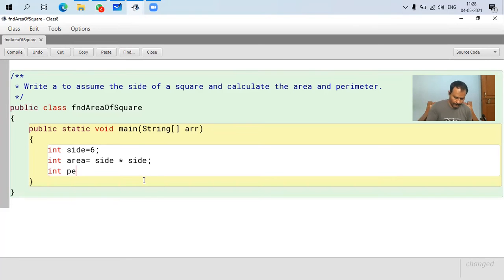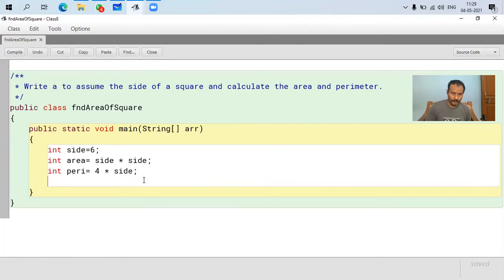Another one, I'm not writing the full form, perimeter. Instead of that, what is the formula? 2 into, sorry, if it is a square, it is 4 into side.